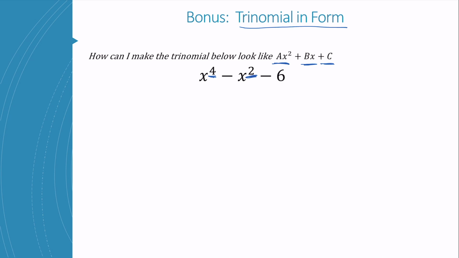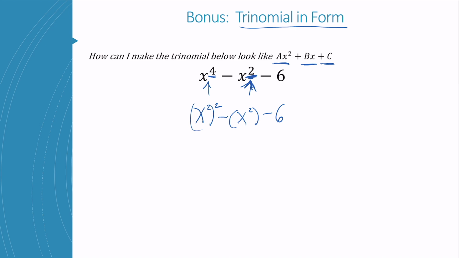So some clues that you're going to be able to do this are when you have even exponents and your b term's exponent is half of your a term's exponent. So I could rewrite this as x squared squared, because that's our power rule when it comes to working with exponents, minus x squared minus 6, right?